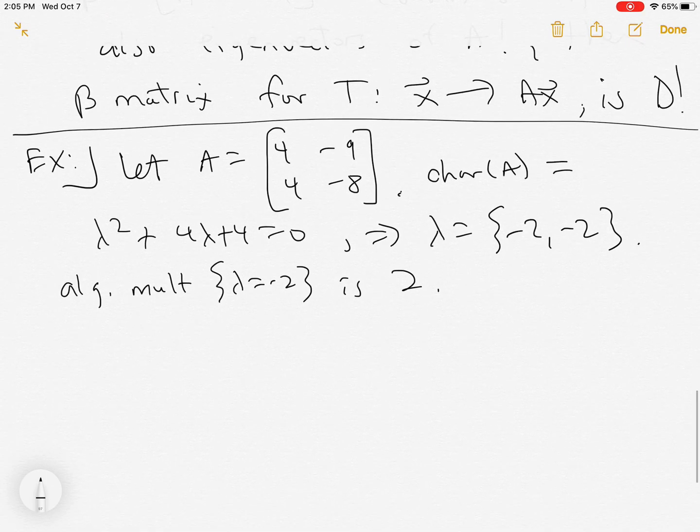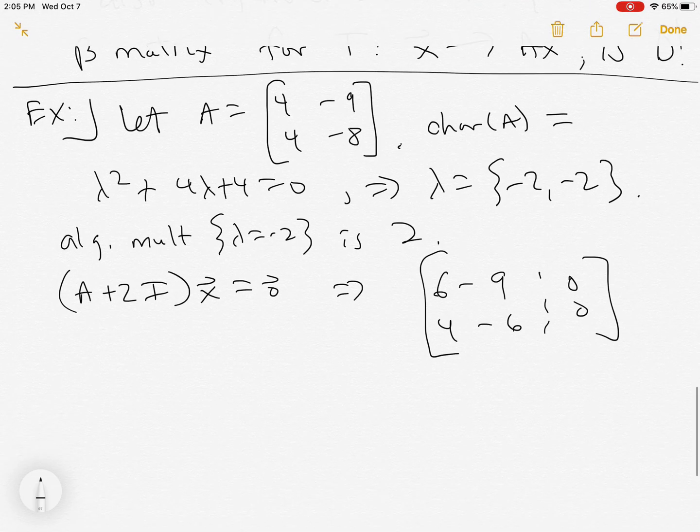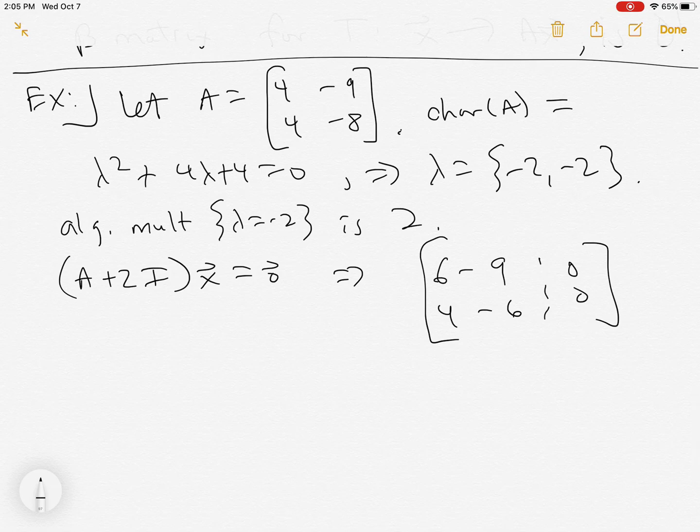All right, let's see what the dimension of the eigenspace is, otherwise known as the geometric multiplicity. So we compute now (A plus 2I)x, set equal to 0. This gives us the matrix 6, -9, 4, -6, 0, 0. And when you solve it, you get that x is equal to (3, 2).